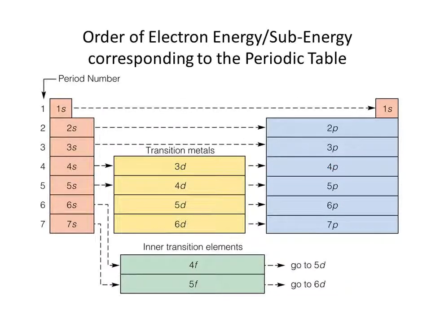So, 1S, 2S, 2P, 3S, 3P, 4S, 3D, 4P, just like that energy diagram I showed you before. 5S, then you're in the 4D, then 5P, etc., right? So your periodic table tells you which orbitals fill in what order.